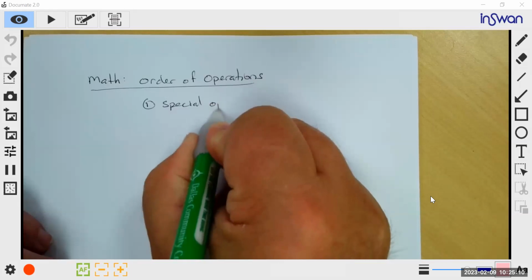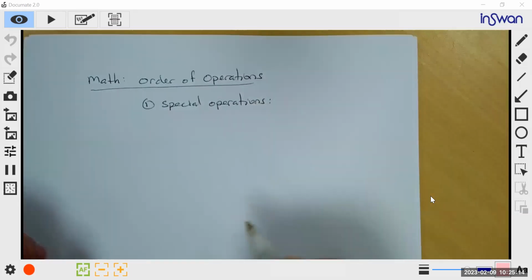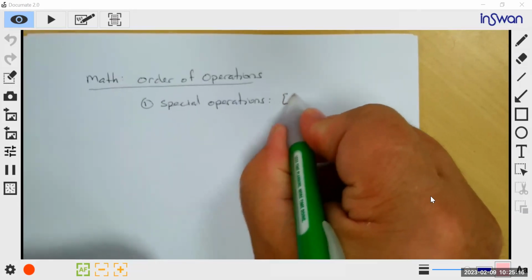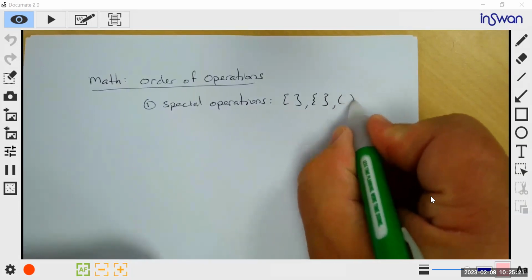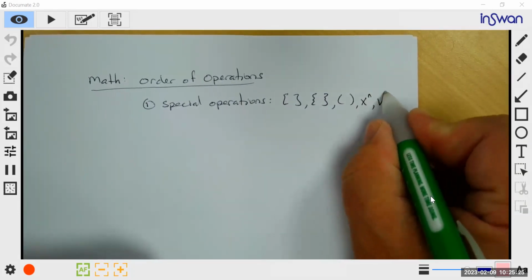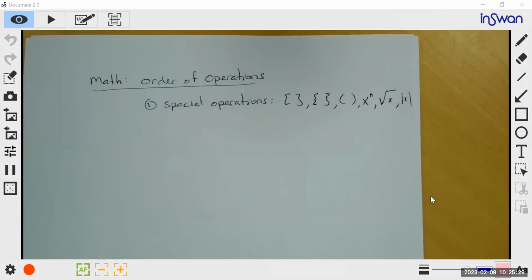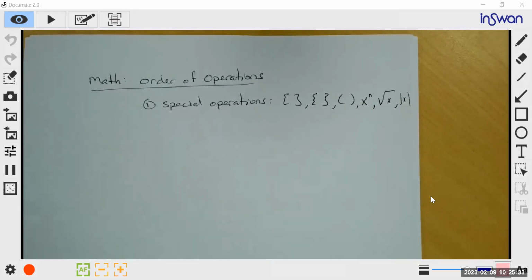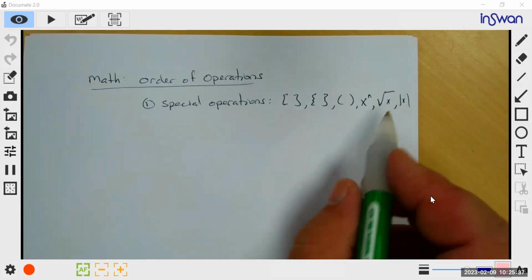You do special operations first: brackets, squiggly brackets, parentheses, exponents, radicals, absolute values, and all sorts of stuff. There are over 400 of them. We'll look at those when we do the math part.